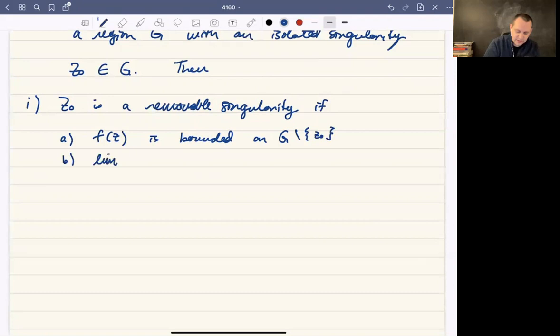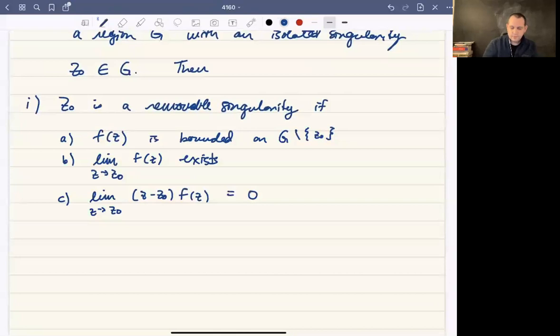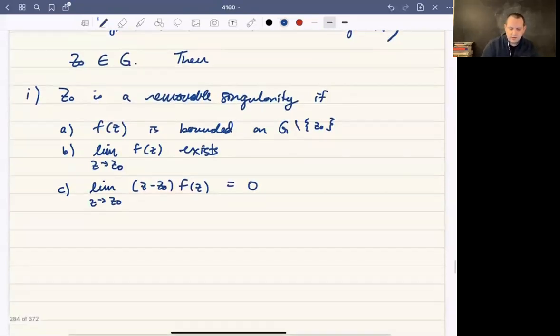That's equivalent to saying that the limit as z approaches z naught of f of z exists. And it turns out that that's equivalent to saying that the limit of z minus z naught times f of z is 0. Okay, this part will make sense when we talk about a few of the other terms here.